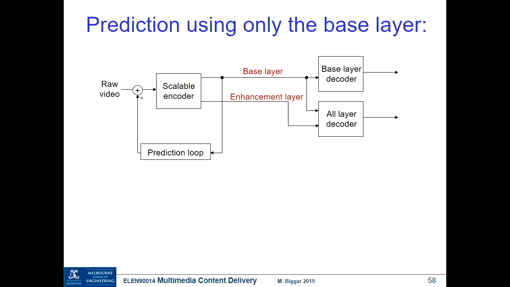So then let's think about what's happening at the encoder. The encoder isn't using any of the enhancement layer, that high resolution information, to do a prediction for the next frame. So the prediction won't be as good as it otherwise could be. Would you agree? So if we're not using the high resolution data to predict the next frame, we will have a larger prediction error than we would otherwise. Yeah? Okay. What happens at the decoders?